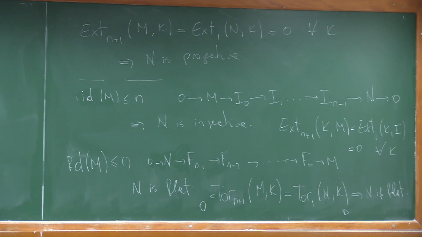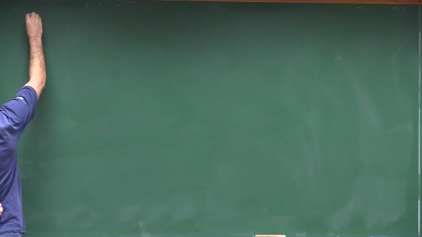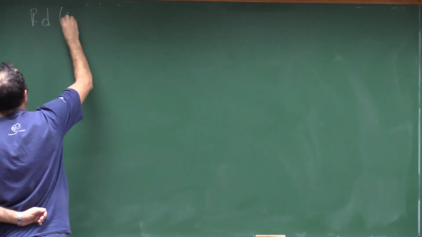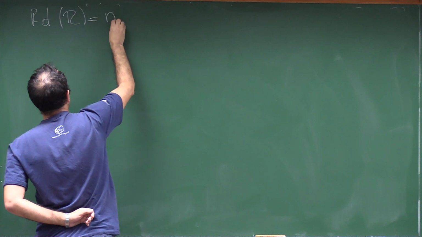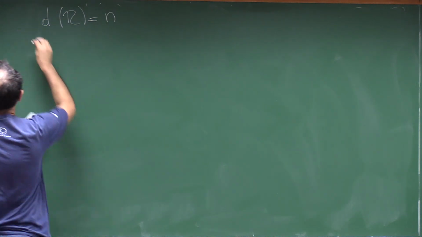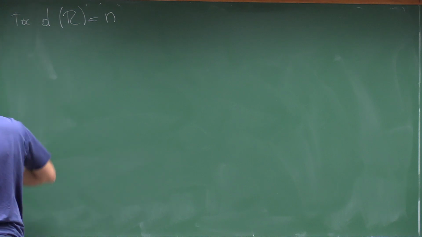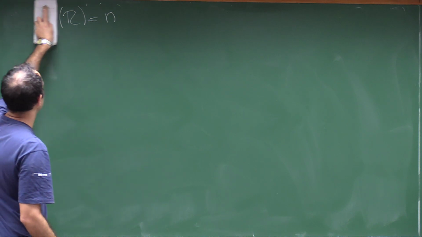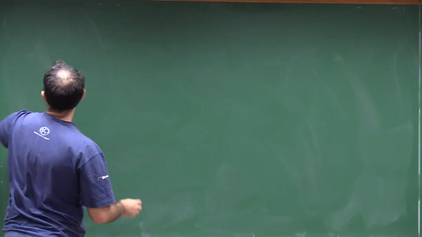Okay, so now let's say that the flat dimension of the ring R is equal to n, I'm sorry, the Tor dimension of the ring R. Well, let's write this completely.